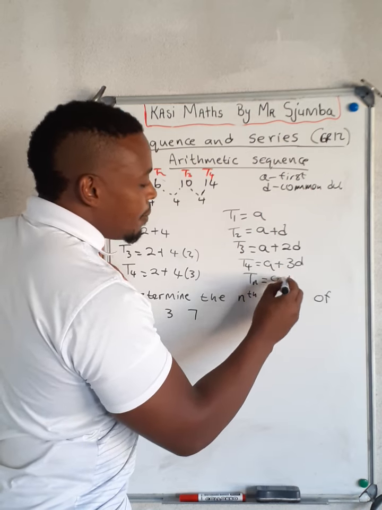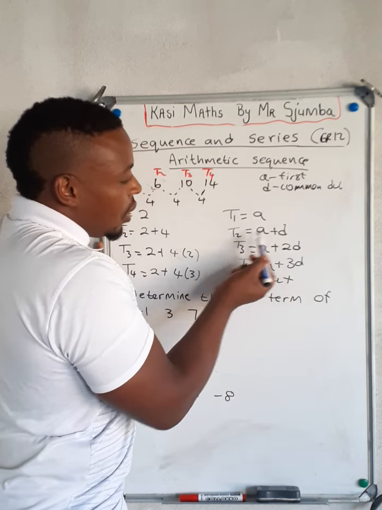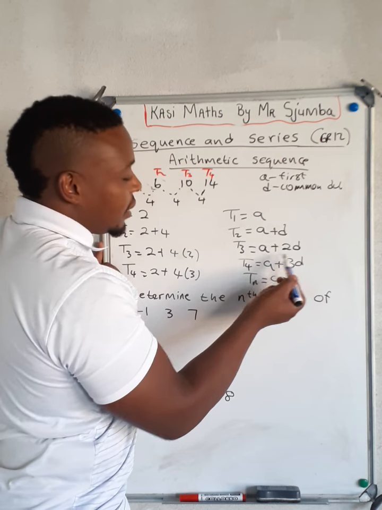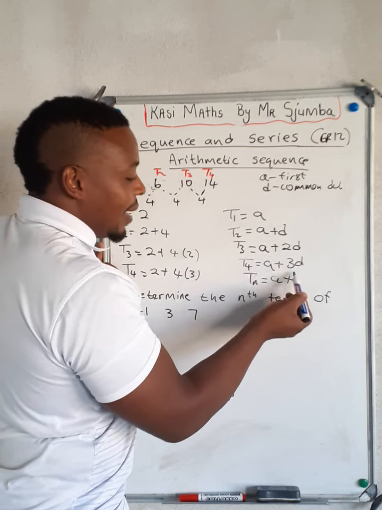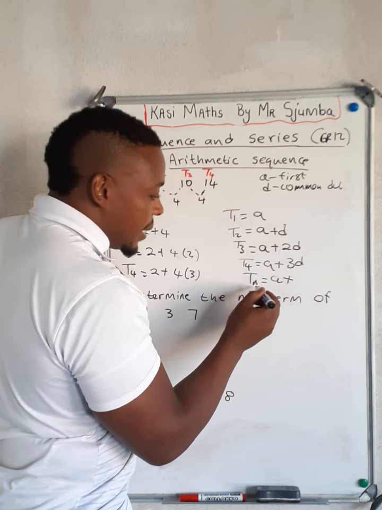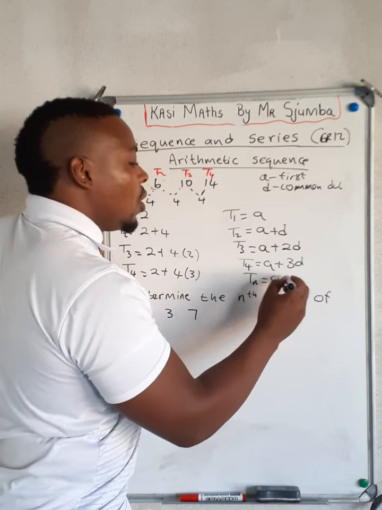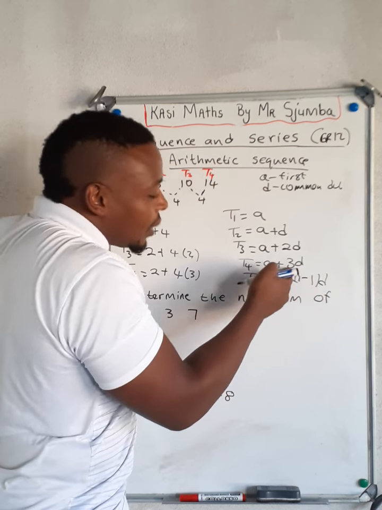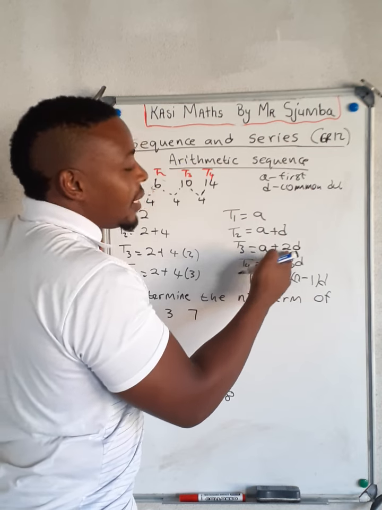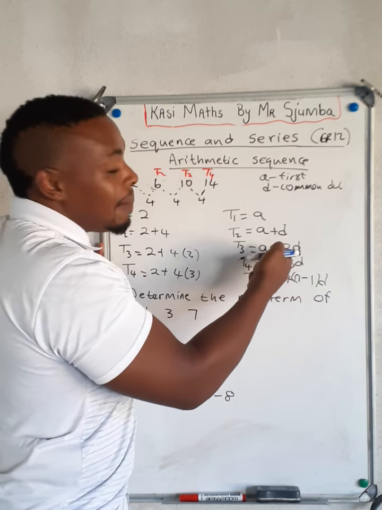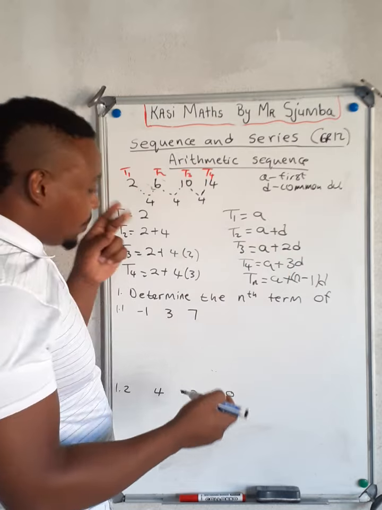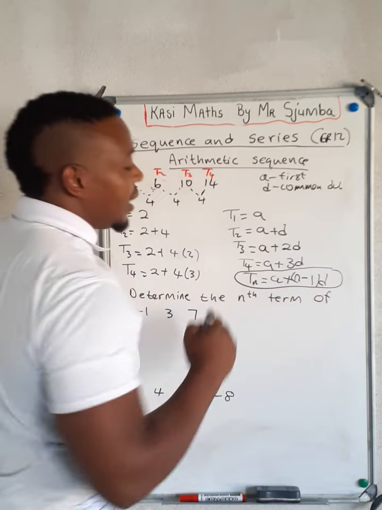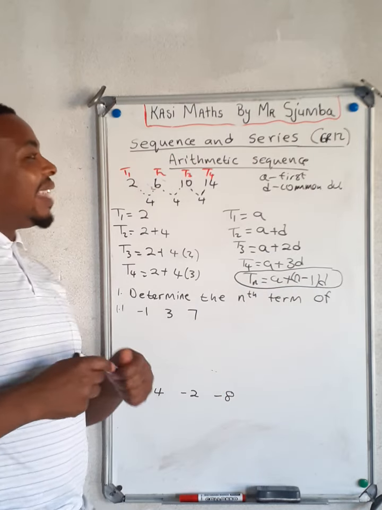Tn equals A plus something. For term 2 there is 1 difference, term 3 has 2 differences, term 4 has 3. So term n has n minus 1 differences, n minus 1 d. For term 4 it's 4 minus 1 d, for term 3 it's 3 minus 1 d. So this is our general term for an arithmetic sequence.